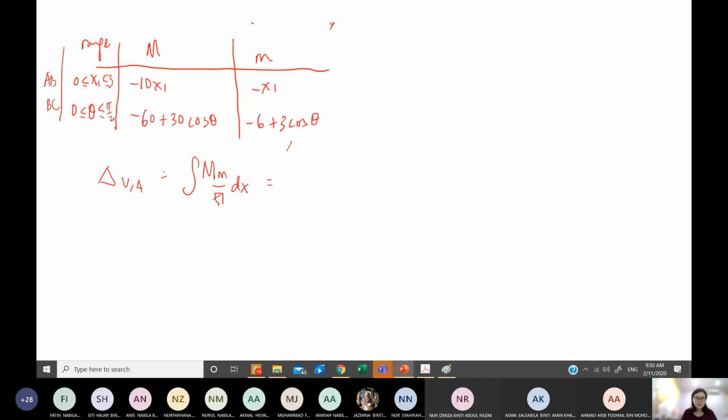For part AB, I will have this integration from 0 to 3, and then I put in the multiplication of the moment at the real structure and also my virtual structure, and then dx, and I need to remember to put my EI.